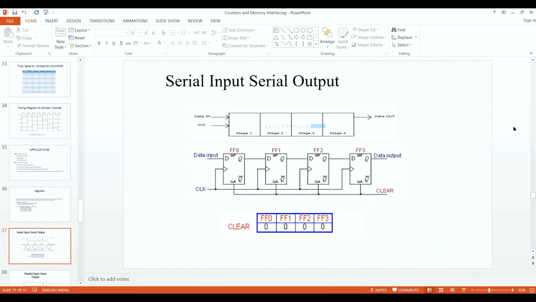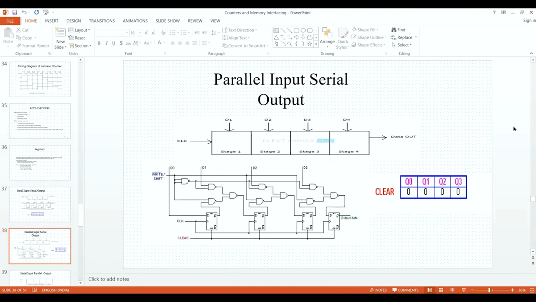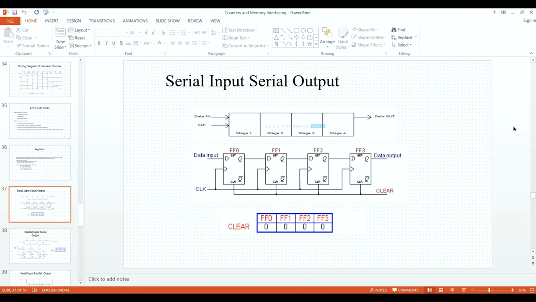When we talk about this, we have different stages: stage 1, stage 2, stage 3, stage 4. At the data input, D flip-flops are used, and this is serial input and serial output. The clock is the same, so it is synchronized, and different stages are there. Similarly, with parallel input and serial output, if I go back, you can see in serial input, serial output, the serial input is given and similarly the serial output, the data output, is taken out.